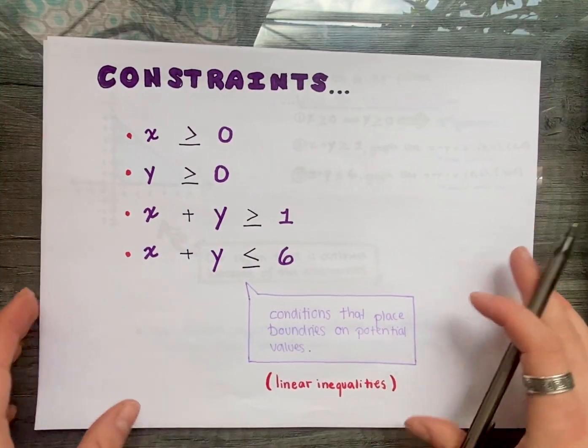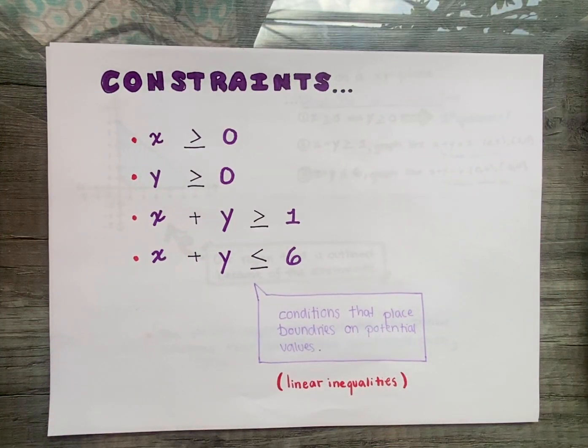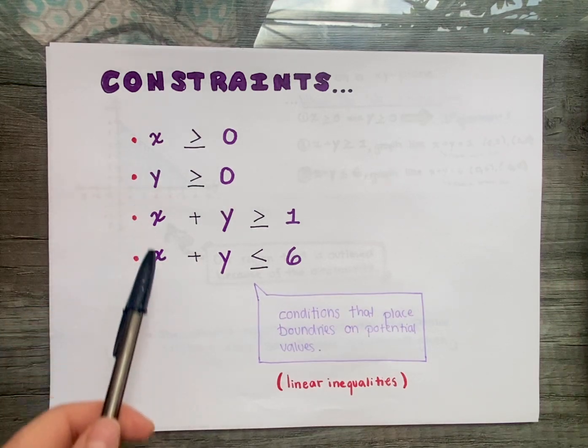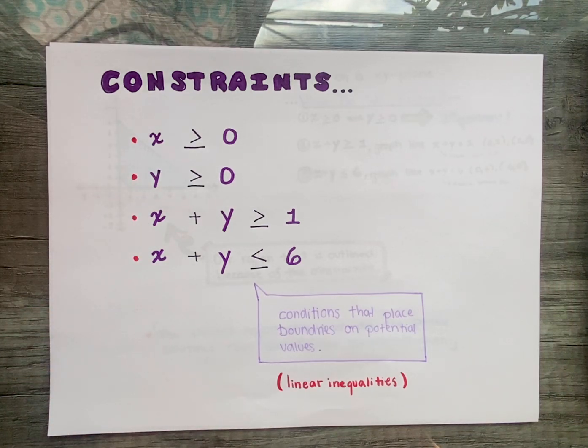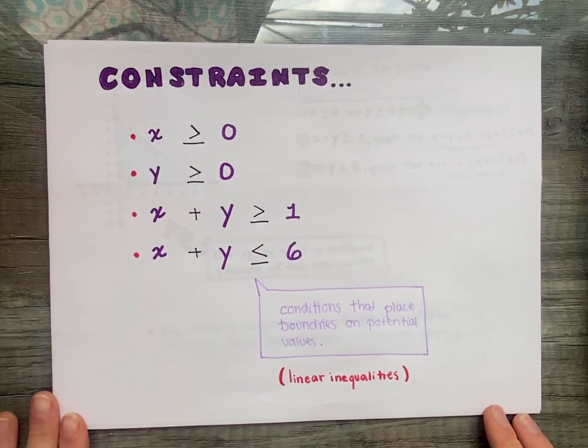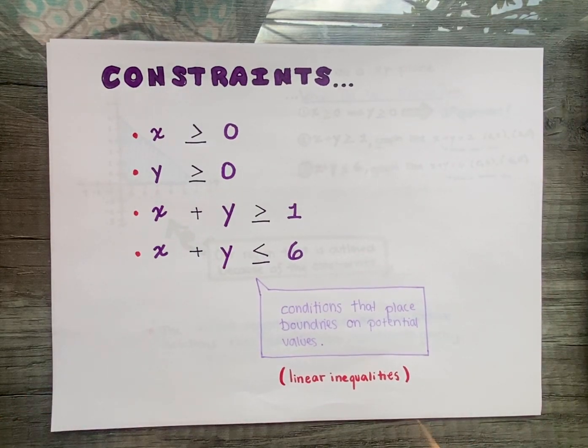So in our problem, it gave us a list of constraints. It said that z is equal to 3x plus 5y, and it is subject to these constraints. Before we continue, I would like to clarify what these constraints are and what they really mean.